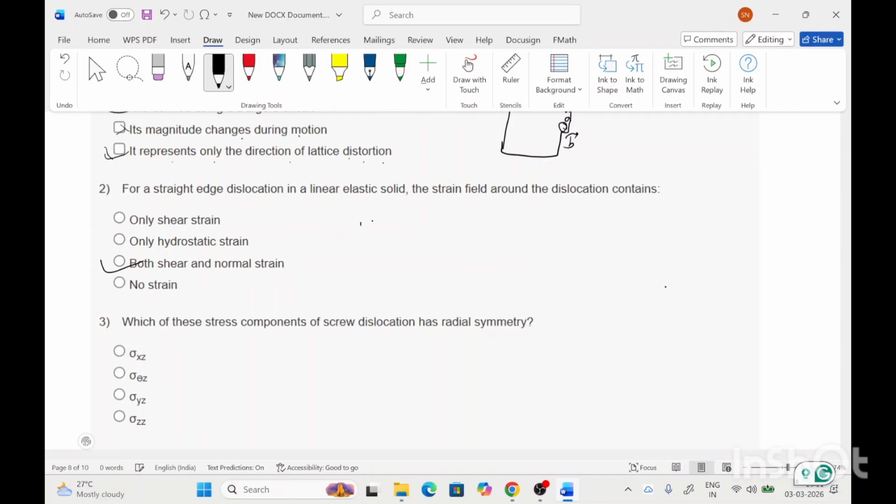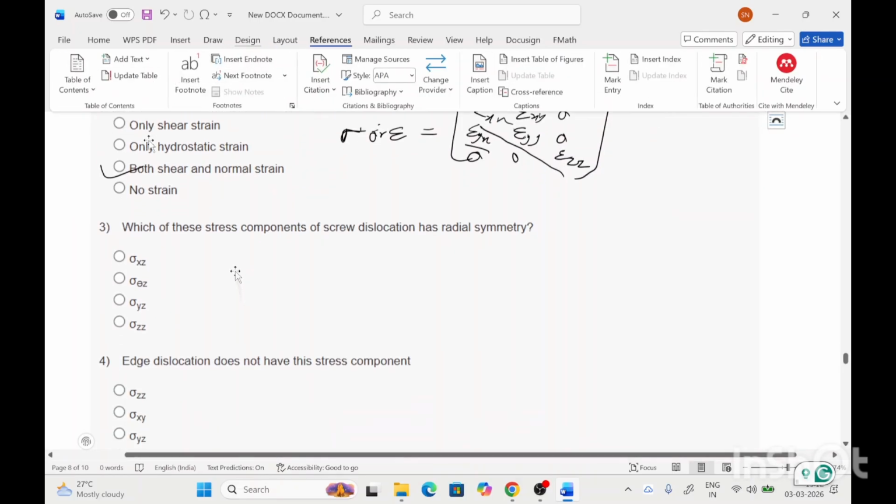It can be written with the stress component sigma, or epsilon, so this will be 0 and sigma xx, sigma xy, sigma yx, sorry, epsilon yy, and epsilon zz. So the normal and the shear components both we have.